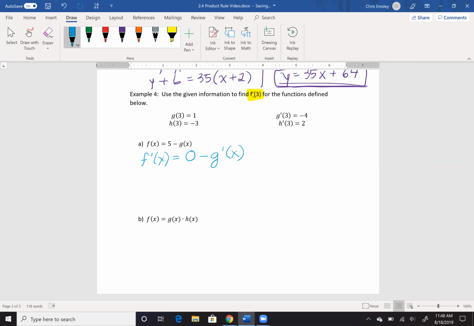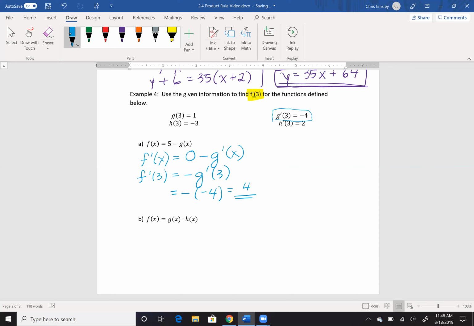Okay, and remember, our goal was to find f prime of 3. So 0 goes away, minus g prime of 3. So all we have to do is look up in our little table here. G prime of 3 was -4, so we get minus a -4, which is +4. That's what we're looking for in part A.